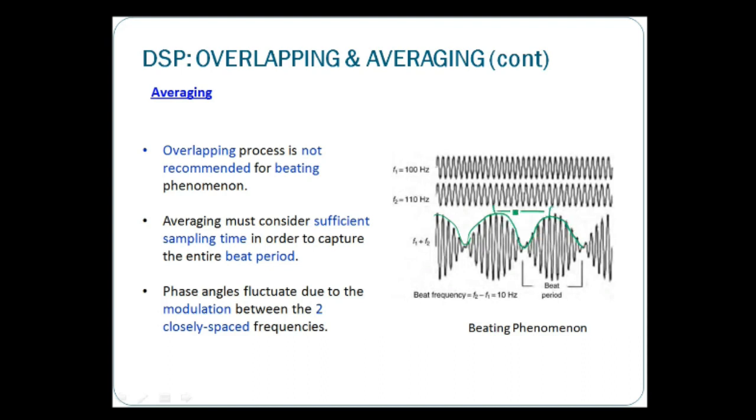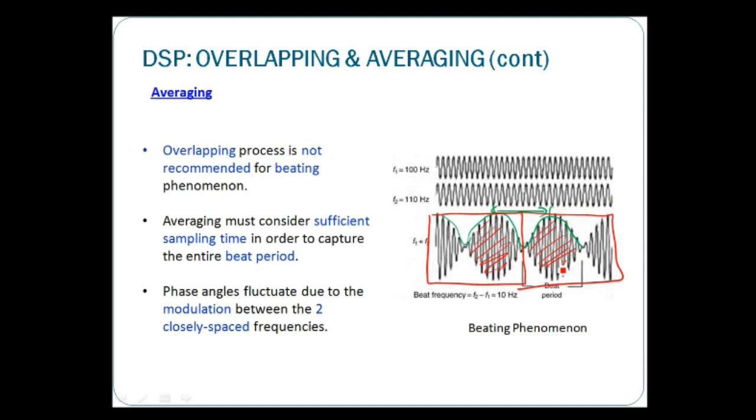So this is what we call the beat period, right? If your block can cover at least sufficient time, the entire beat period, probably like this, and another block is like this, then you have sufficient information of the full frequencies. So you won't miss any information in this case.